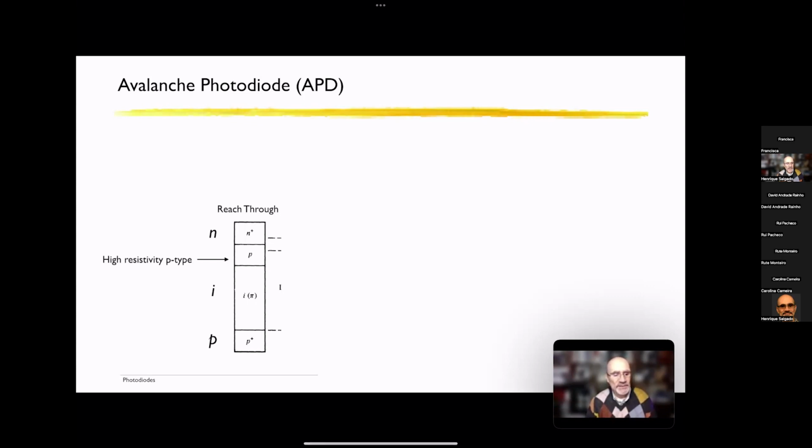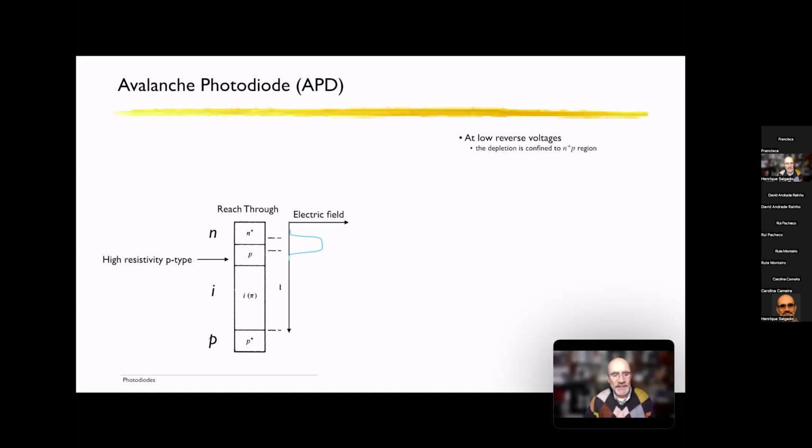As you see, it's made of a PIN structure, similar to the one we've just discussed, except there's a high resistivity P-type material close to the N side of the junction. At low reverse voltages, the depletion region is confined to the N plus P-type region, so this region here.